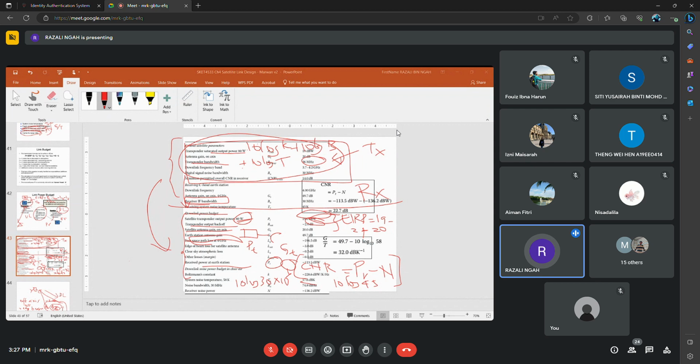Let me check with the source, the reference. This slide you can refer to Satellite Communications by Pratt.